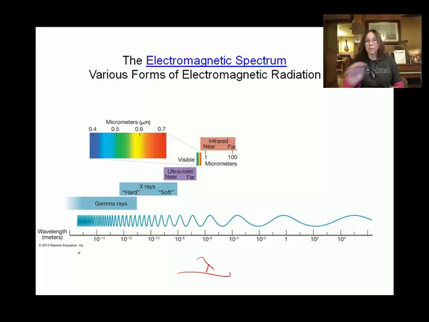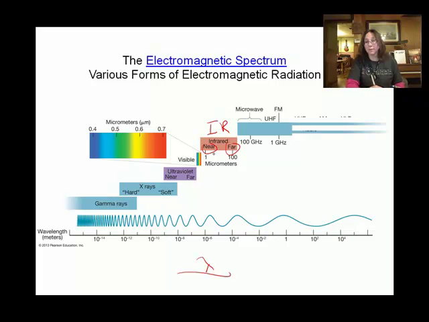And then a little bit longer than visible light, we have infrared. Notice that infrared can be broken up into near infrared and far infrared. A little bit longer than infrared, we have microwaves. Longer than microwaves, we have radio. Radio waves are a form of electromagnetic radiation. All of these travel at the speed of light.